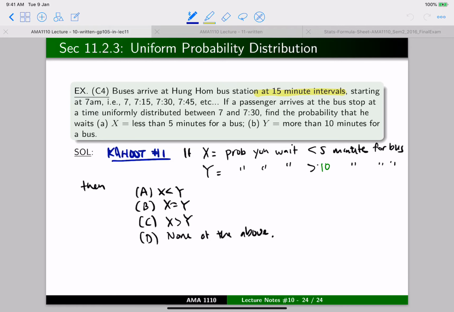So let's do an application of the uniform probability distribution and ask the following question.